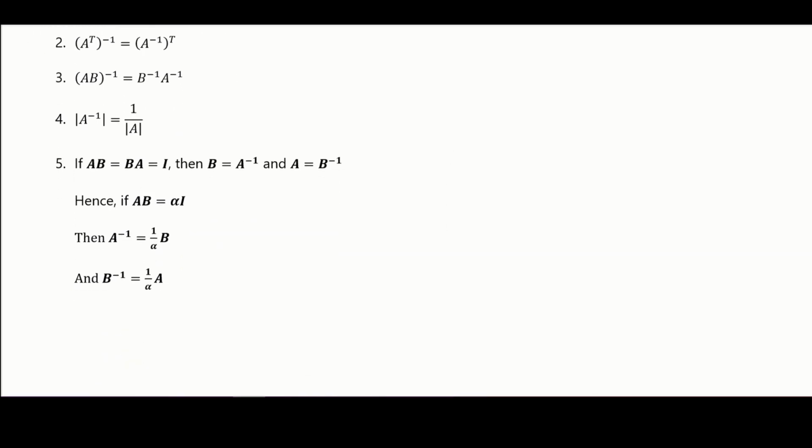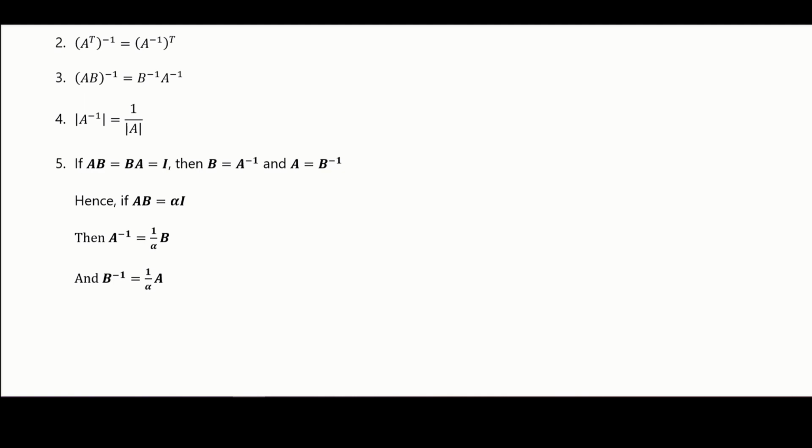Alright, the fifth property, this is the most important one. If we know that A times B equals B times A equals I, that means B is the inverse of A, and also A is the inverse of B. So if we have A times B equals alpha I, it's not I but alpha I, this means there is a scalar multiplied with the identity.